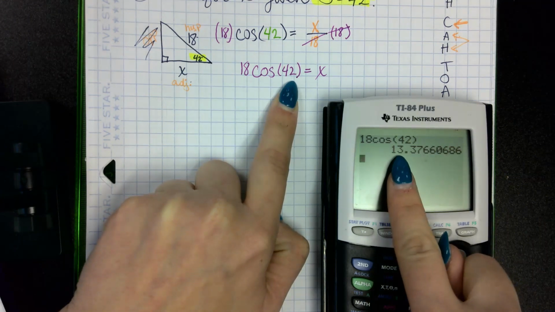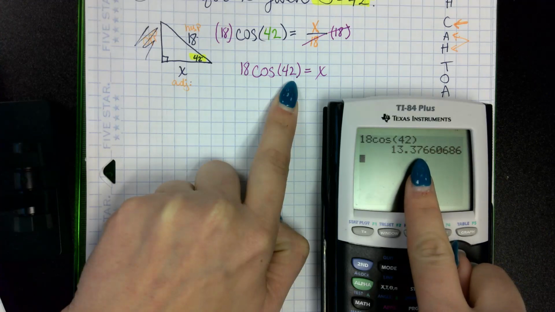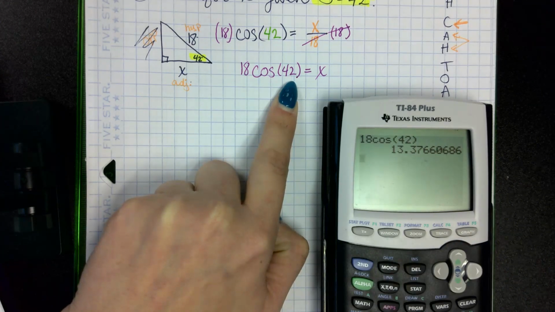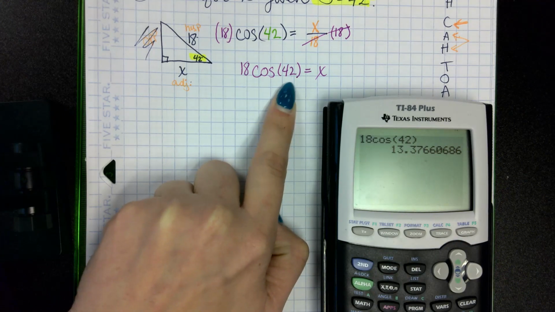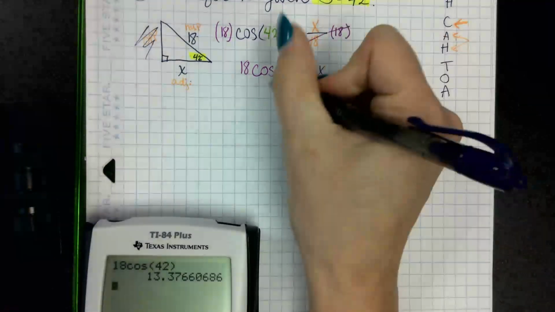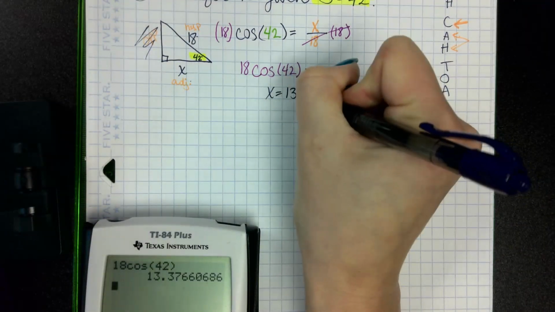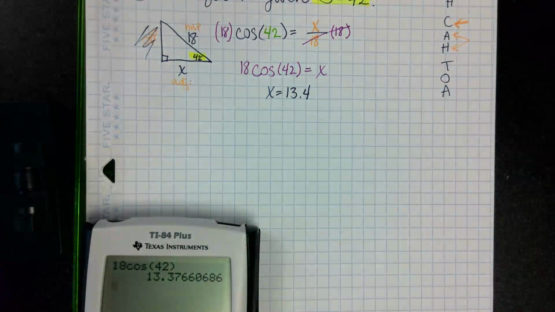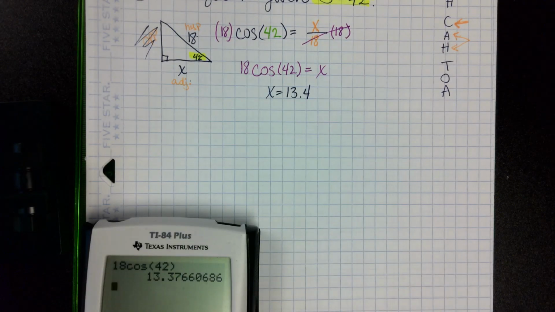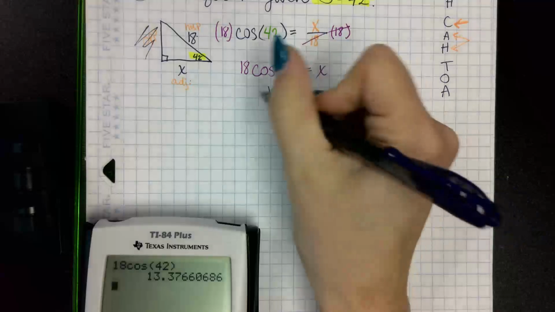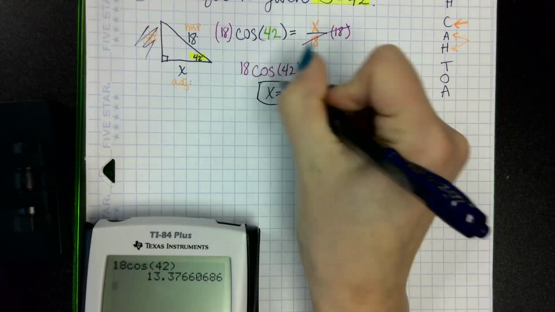So we're going to go 13.37. The 7 tells the 3 to go up, so 13.4. So x equals 13.4. If my picture or problem had told me this was in feet or inches or something, I would label that also, but it didn't. So all I can do is say 13.4.